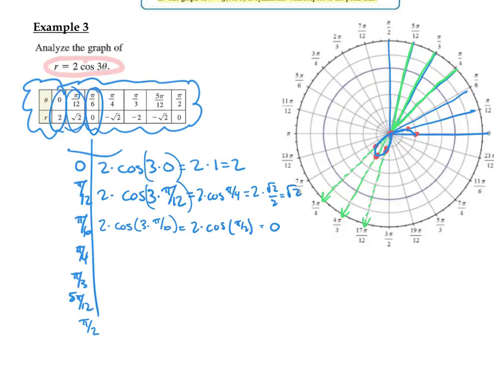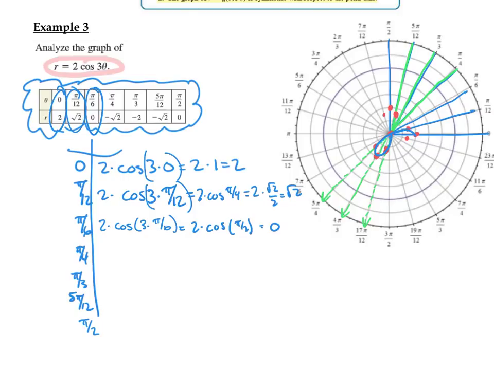We can kind of deduce that there's going to be a dot right there, and not only that, these things are separated by 2 pi over 3, so this I know is going to go up there. We'll have corresponding values here and here. And by using symmetry and a little bit of content knowledge, let me show you what we're doing.